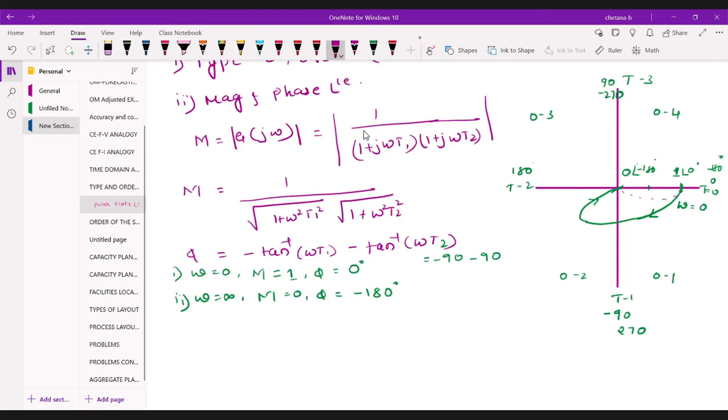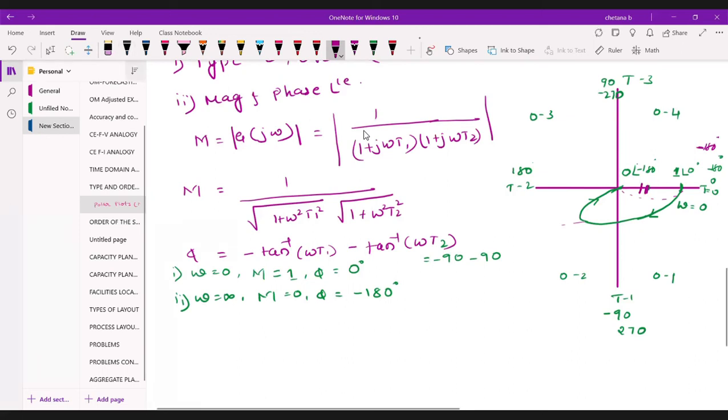You have to go for omega is equal to 0 like this in this direction till infinity. This indicates that it is infinity, somewhere it is going, again it is touching the 180-degree line. For omega is equal to infinity, you are getting 0 magnitude, 180-degree angle. So that 180-degree angle is this only. Again you need to touch this line.